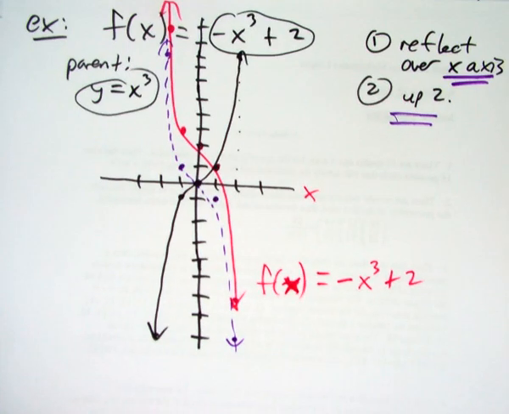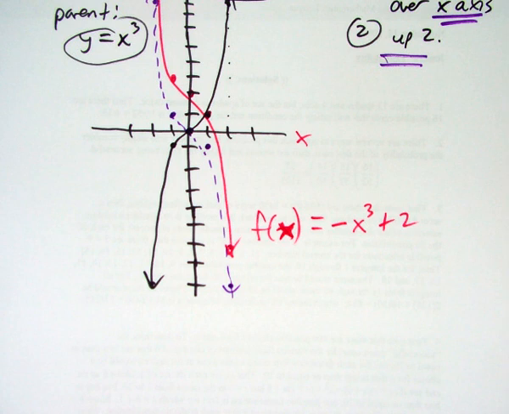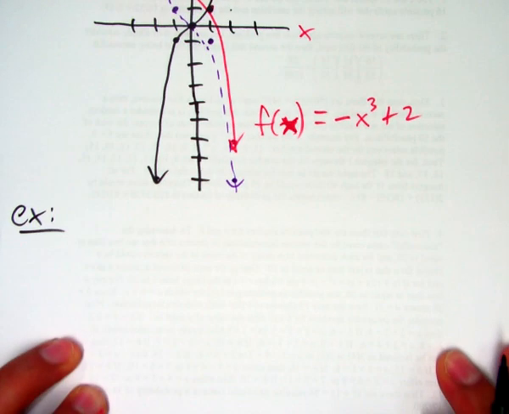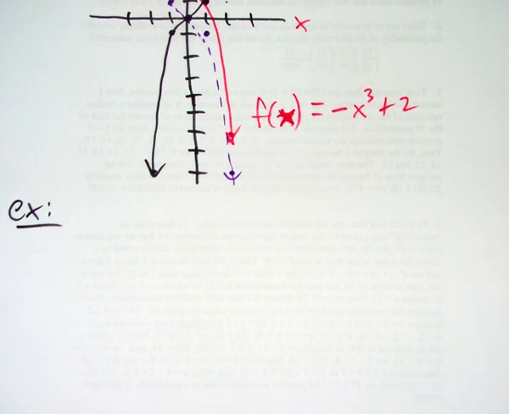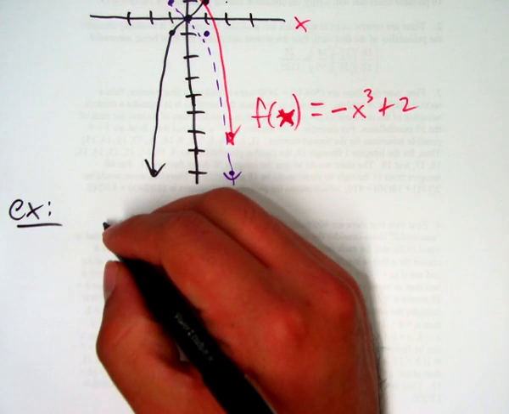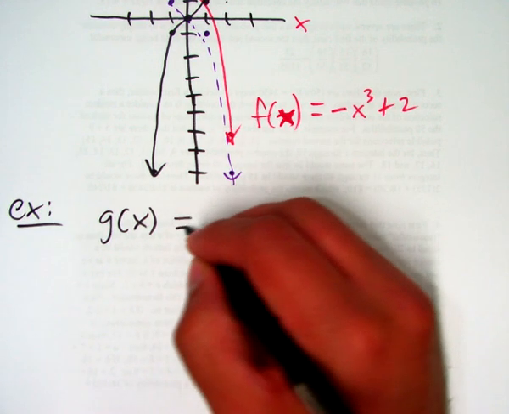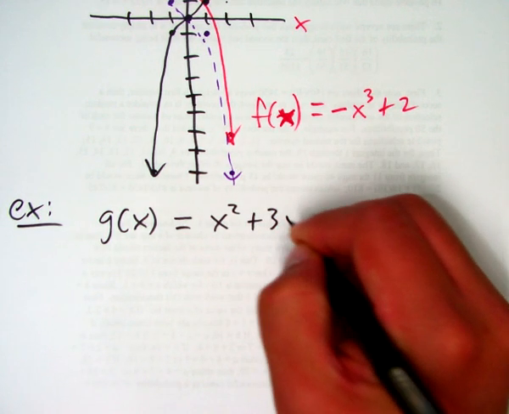One more example, and then we're done with the notes here. So this is a little trickier, but this is more of just kind of recognizing what algebra is being done to a function. So let's say I start with g of x equals x squared plus 3x plus 1.